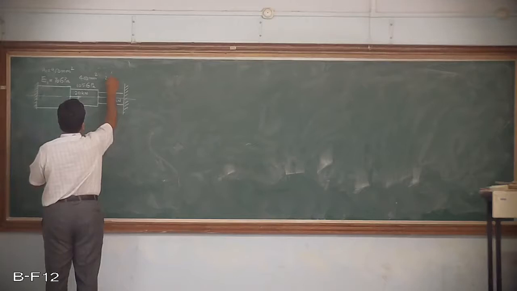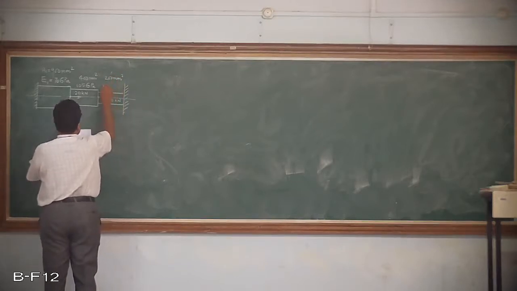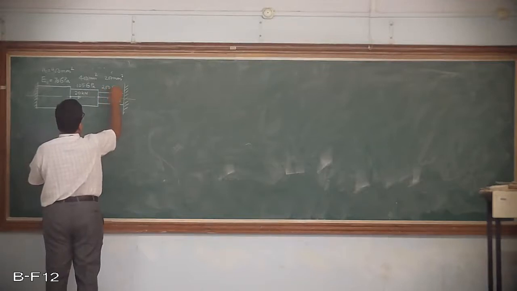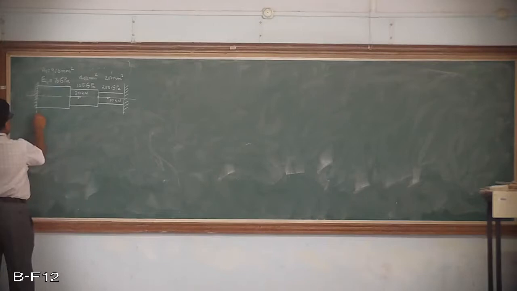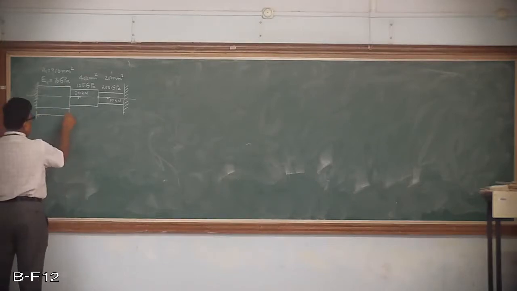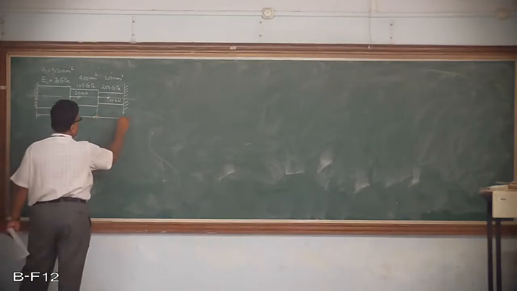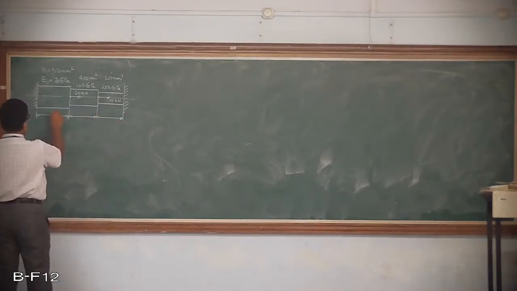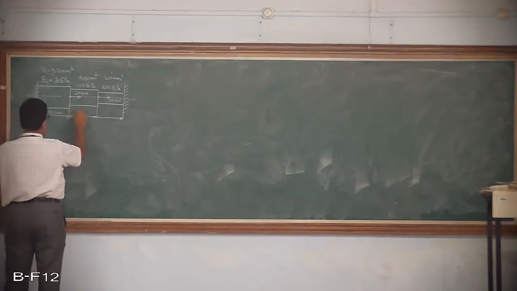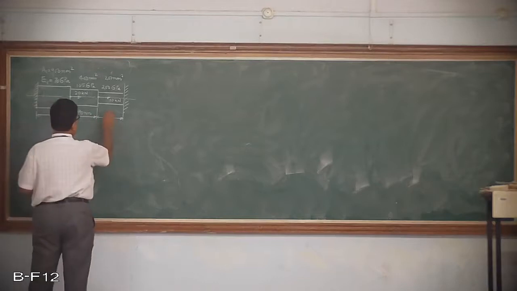And the last one is the smallest member with 200 millimeter square, and being steel, this is going to be 200 GPa. Now let us take the lengths of each of these members, L1, L2, L3. First one is 80 mm, second one is 90 mm, and the third one is 70 mm.